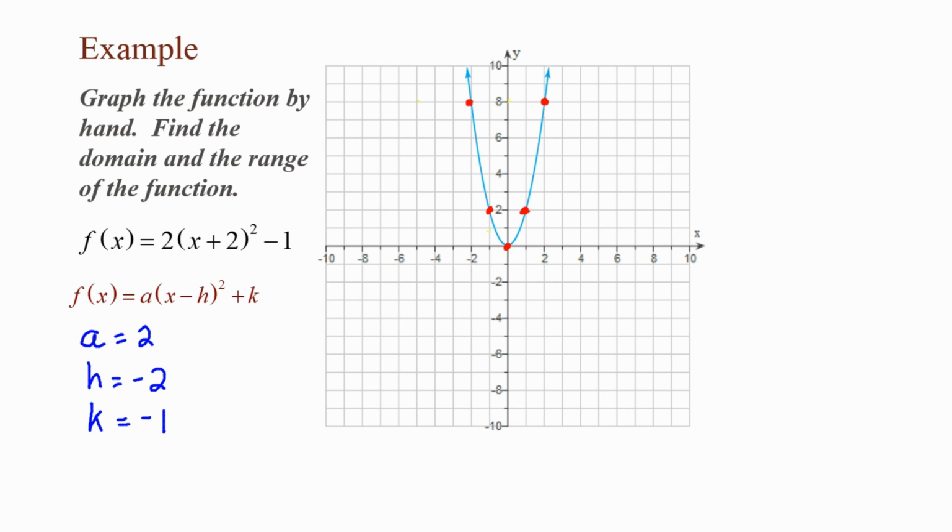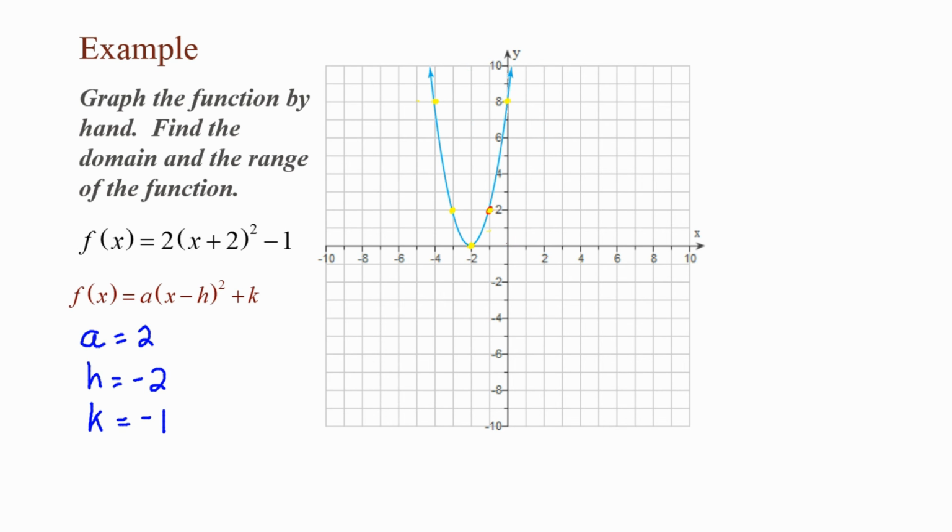So 0, 0 becomes -2, 0, -1, 2 becomes -3, 2, 1, 2 becomes -1, 2, -2, 8 becomes -4, 8, and 2, 8 becomes 0, 8. Graph my new parabola, and now I'm ready to look at k.